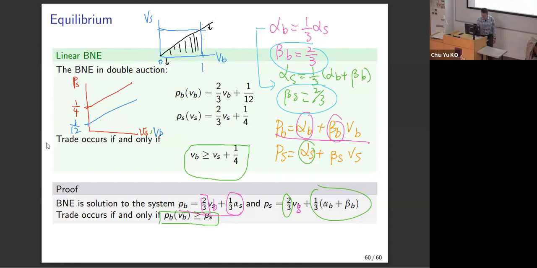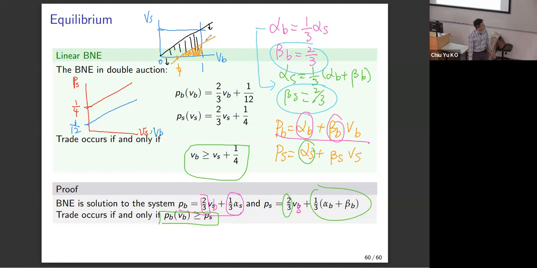But now what you're actually trading is, let's see, if VS is 0, so 1/4 here. So only trade here, right? So VB has to be 1/4 more than that, right?